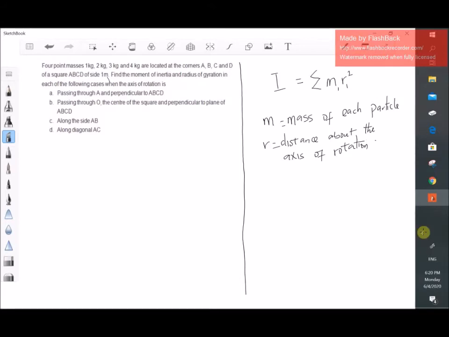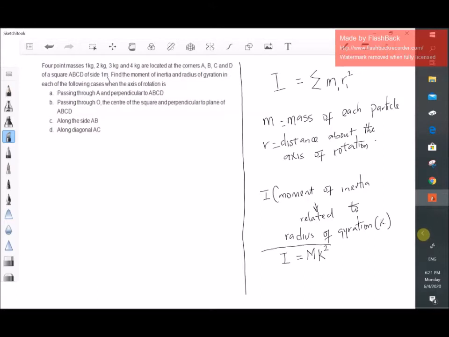Now, moment of inertia is also related to the radius of gyration, and the symbol for this is K. The moment of inertia and radius of gyration are related by the formula I, moment of inertia, equal to the mass of the body times the radius of gyration squared.